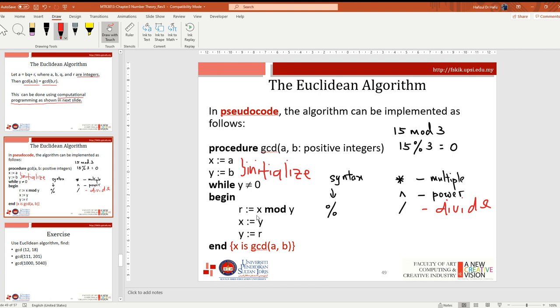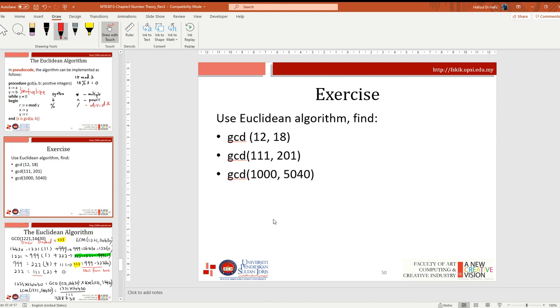And r equals x mod y, x equals y, y equals r. And then the end, x is the GCD of A and B. Okay, for this one, for 12, 18, 111, 201, GCD 1005, 040, you can upload to parallel.